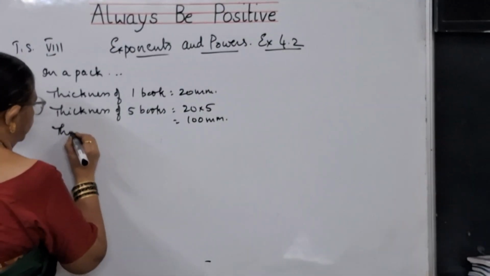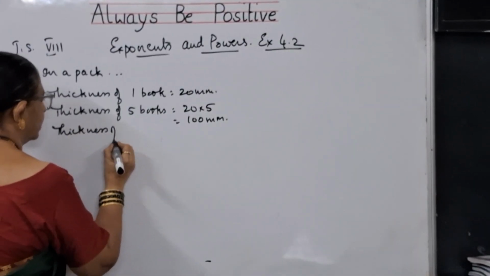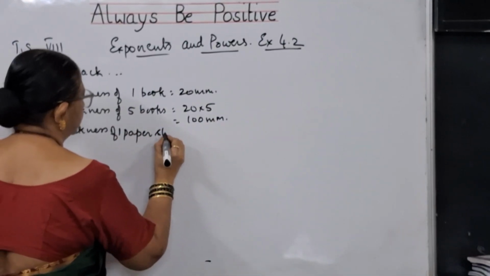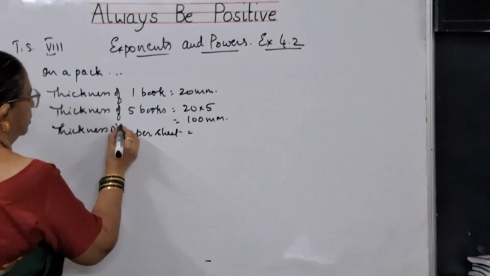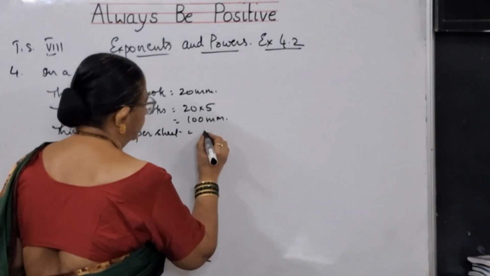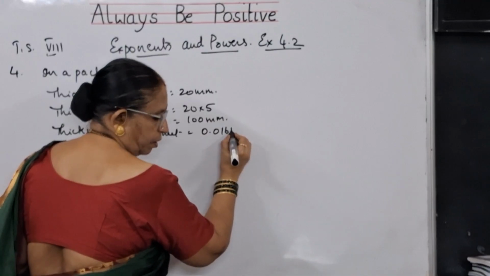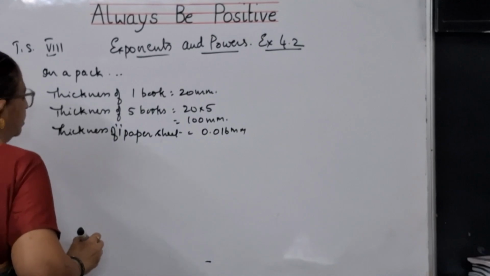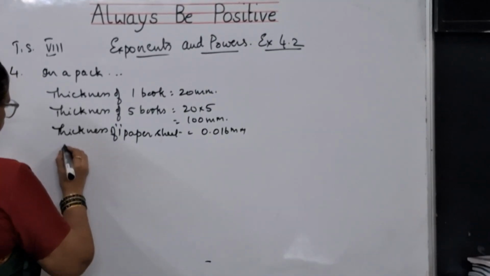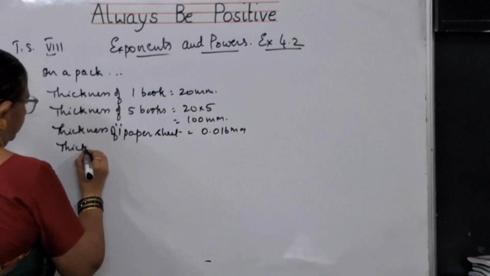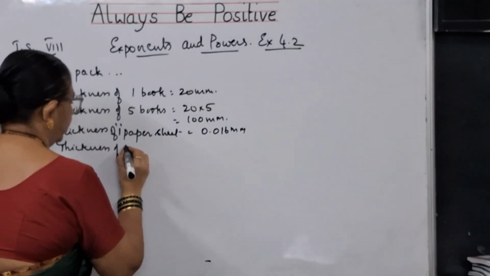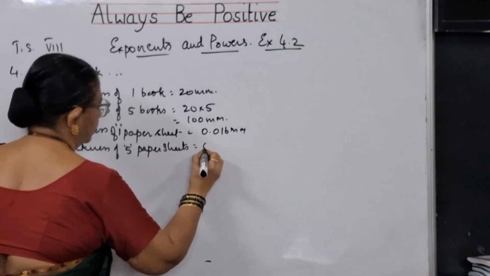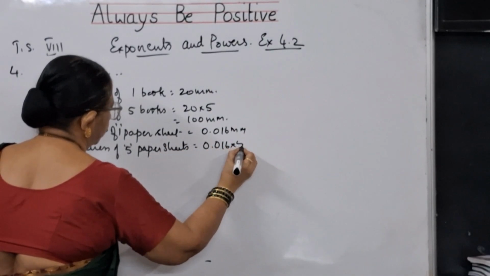Next, they have given 5 paper sheets. Thickness of one paper sheet is equal to 0.016 mm. So you need to find out the thickness of 5 paper sheets, which is equal to 0.016 into 5.